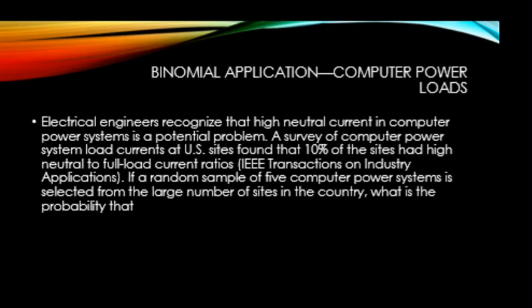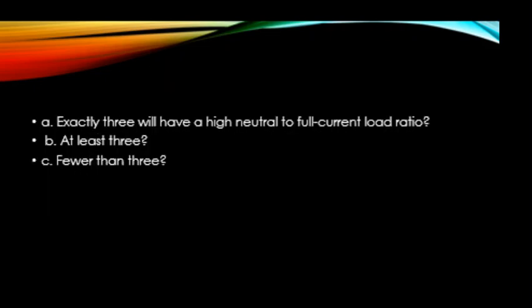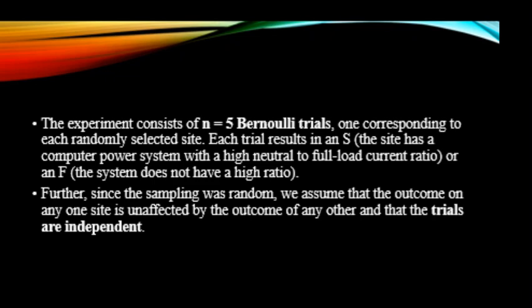If a random sample of 5 computer power systems is selected from a large number of sites in the country, what is the probability that exactly 3 will have high neutral to full load current ratio, at least 3 will have high neutral to full load current ratio, or fewer than 3 will have a high neutral to full load current ratio? We are trying to find the probabilities for these 3 cases: exactly 3, at least 3, and fewer than 3.